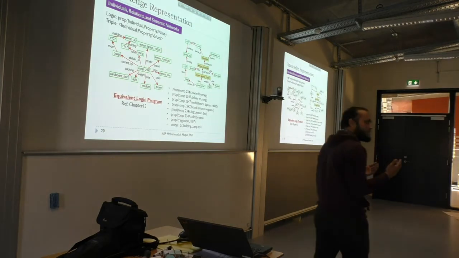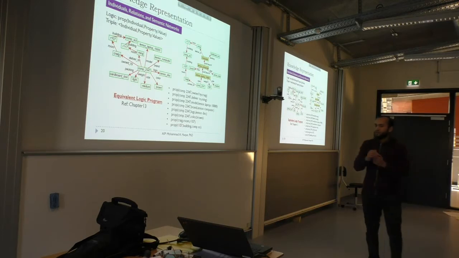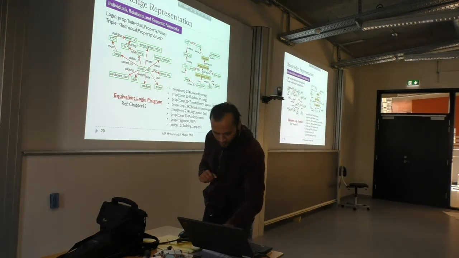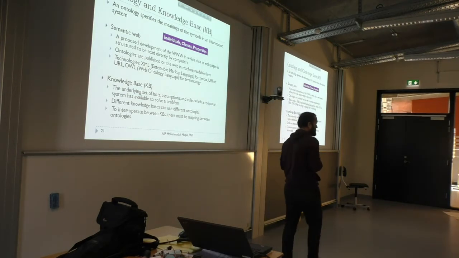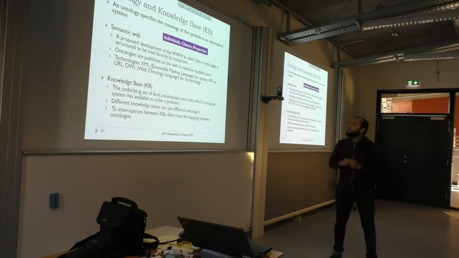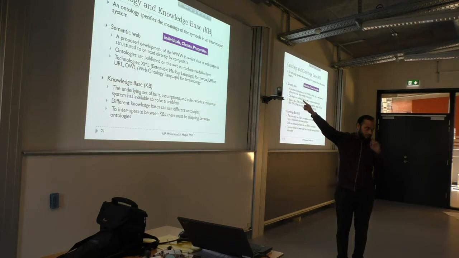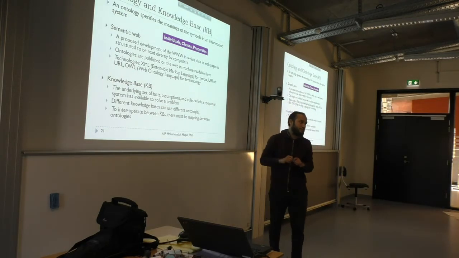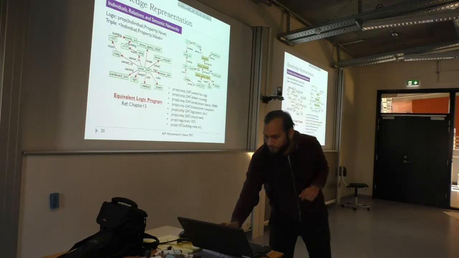So do you understand something from this? I would like to tell a bit more about this one. Ontology and knowledge base. So in an ontological description, we actually define individual classes and properties.